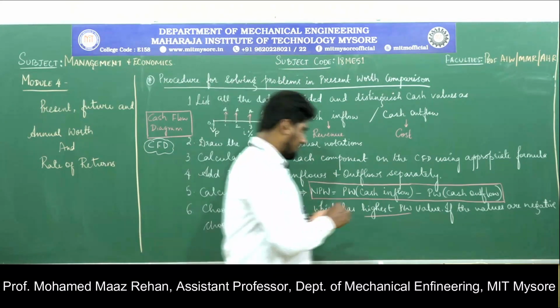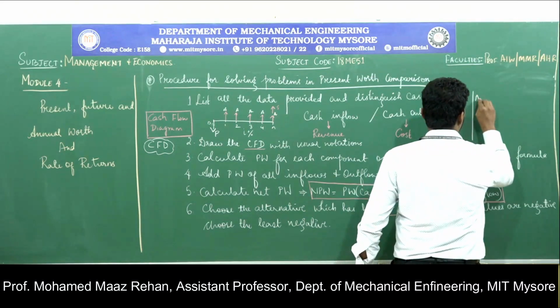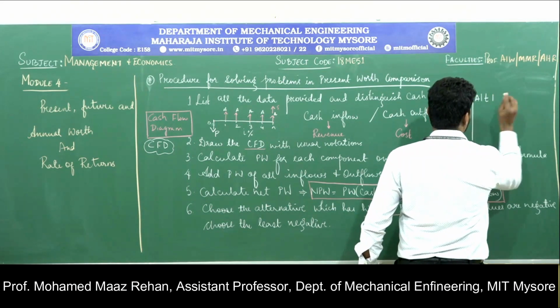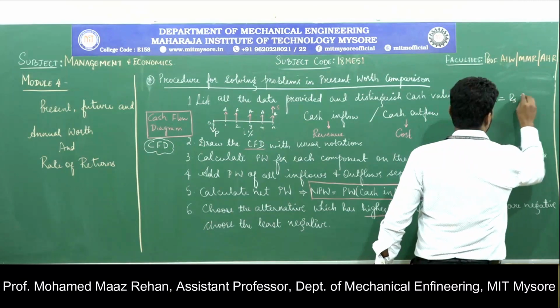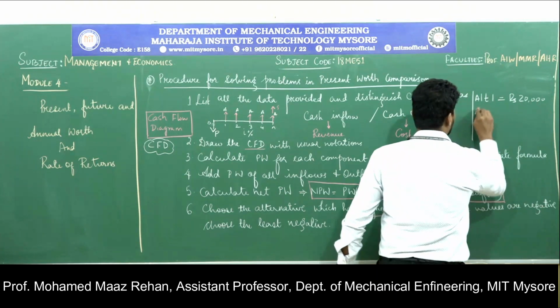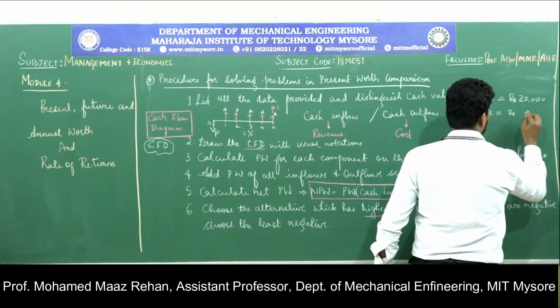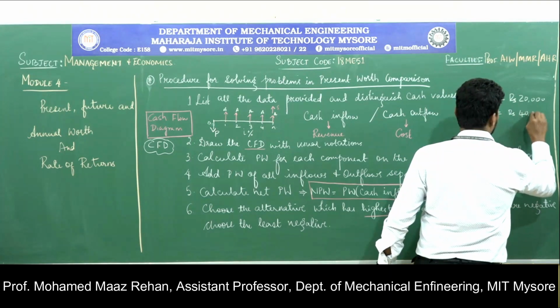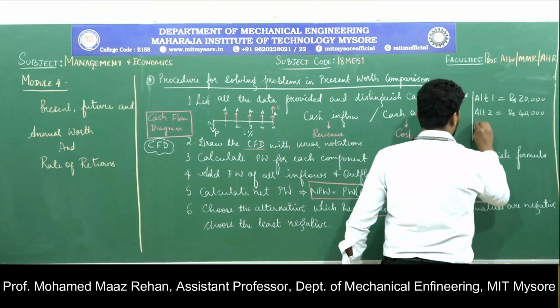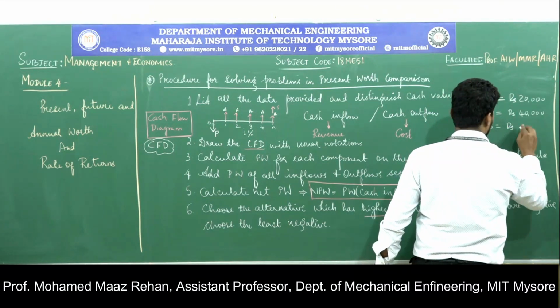Say for example, alternative 1, you got rupees 20,000. Alternative 2, you got rupees 40,000. Alternative 3, you got rupees 10,000.